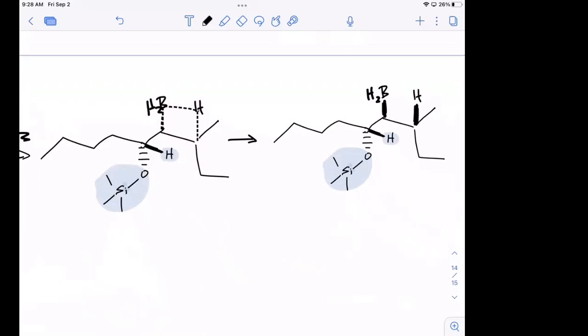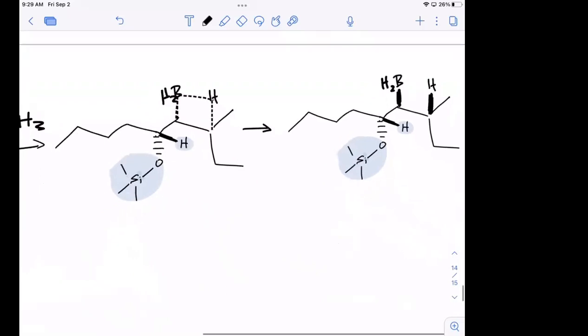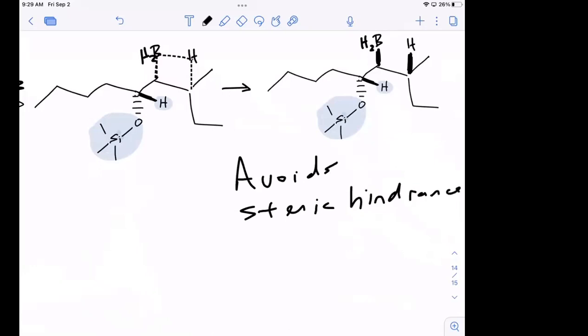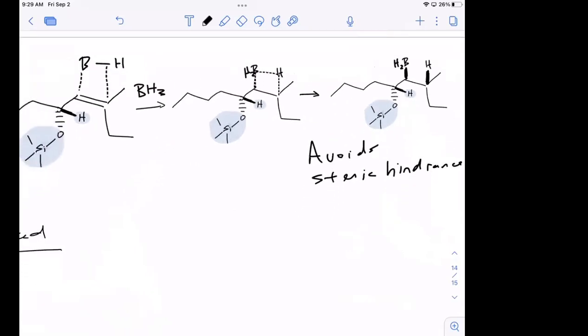Anybody? There's a specific term that we use to say what boron is trying to avoid. Right, so it's trying to avoid what we call steric hindrance. A steric interaction is bad because it's going to make the energy of the pathway go up.